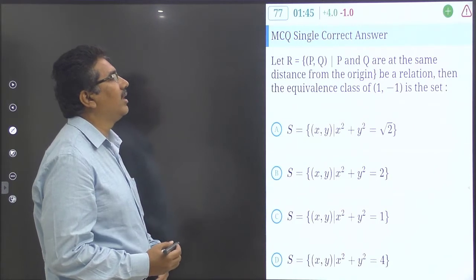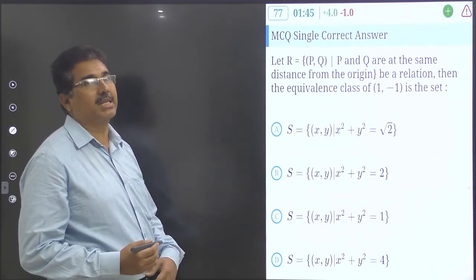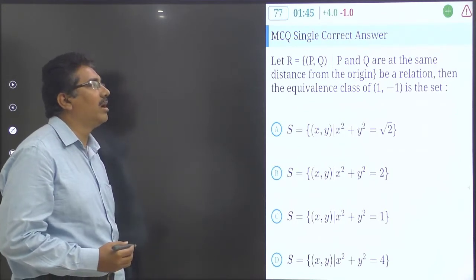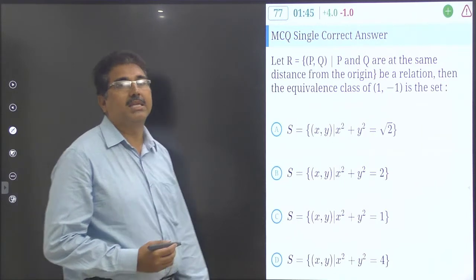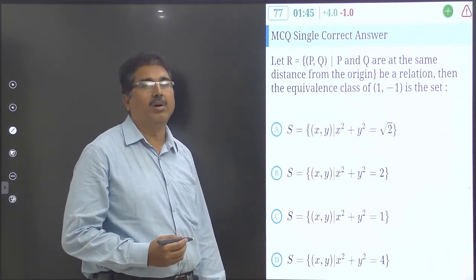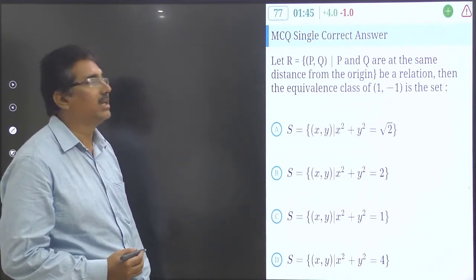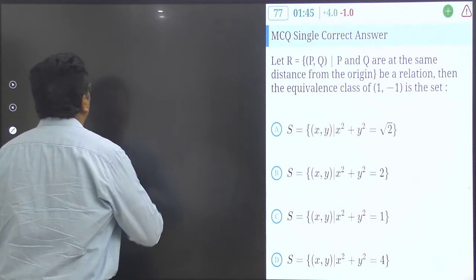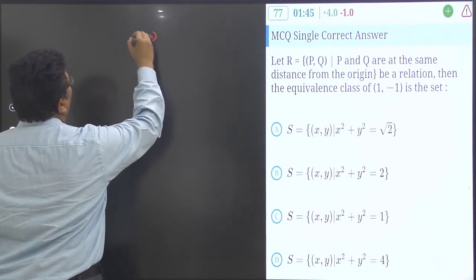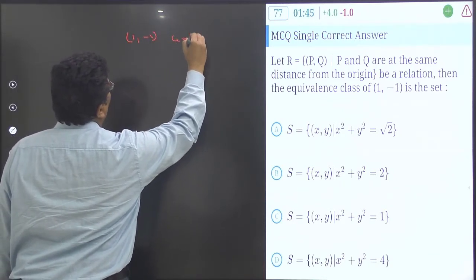Then the equivalence class of 1 comma minus 1 is the set, the circle passing through 1 comma minus 1 and center at origin.